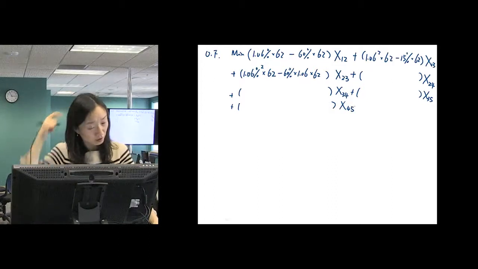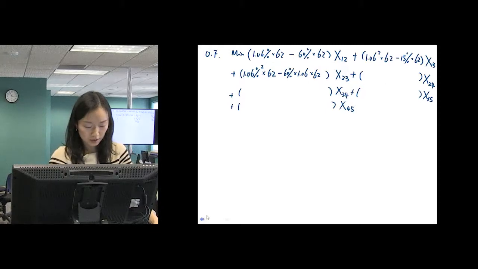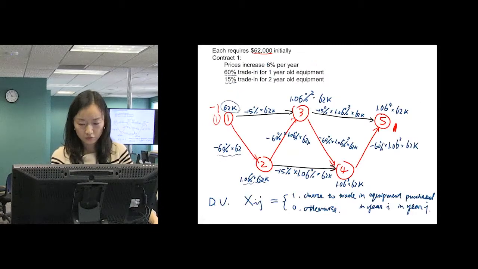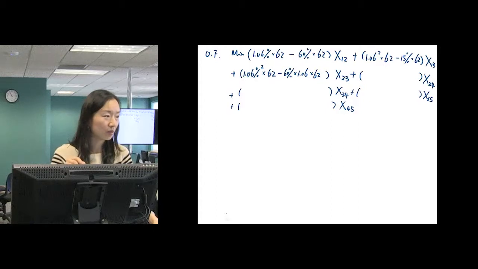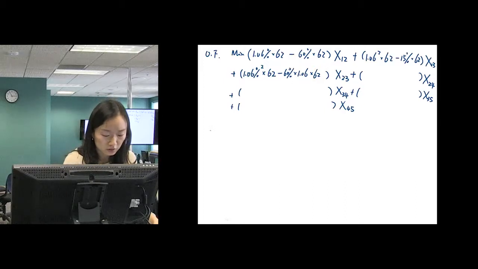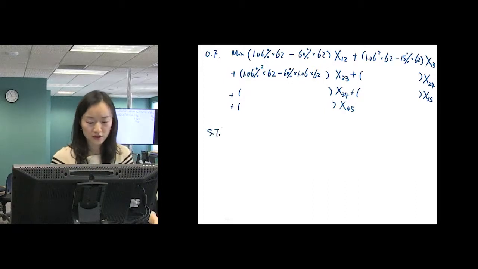I won't write all of those out here. You have the slides for your reference. Make sure it's the purchasing cost subtract the credit you get on the inflow arc to that node. You can see the difficult part of this problem is coming up with those coefficients which are not given, as compared to the previous shortest path problem. So now, what are the constraints?